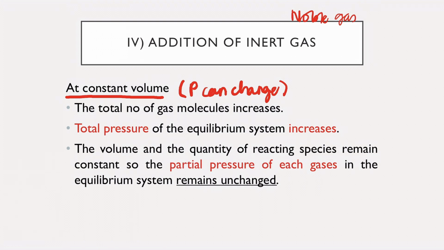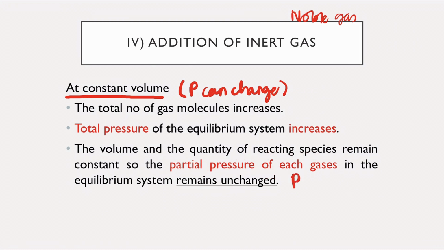Even when you add your inert gas, since your volume is constant and your pressure can change, that means the partial pressure of each of your reacting species will remain constant.